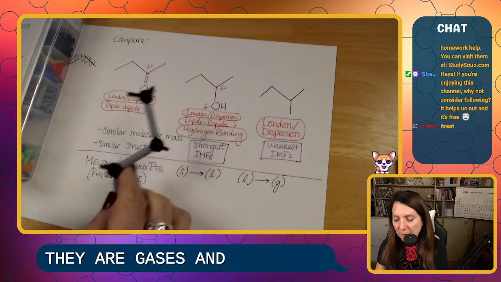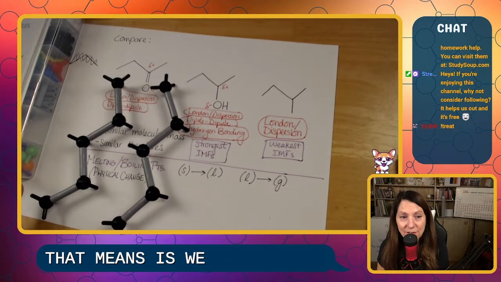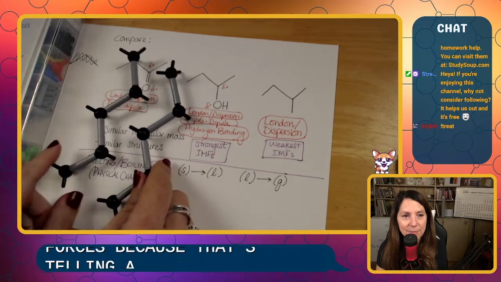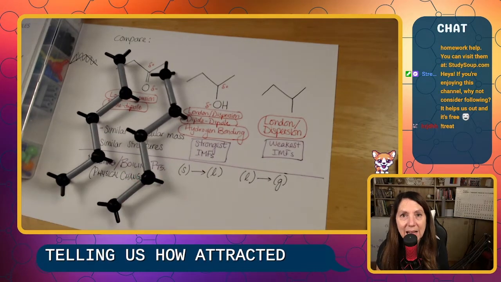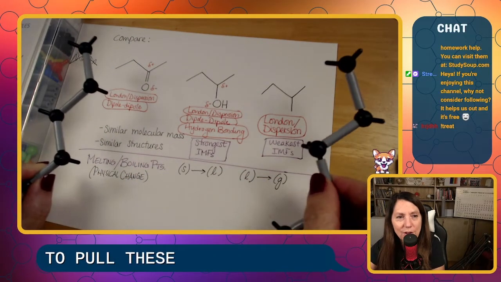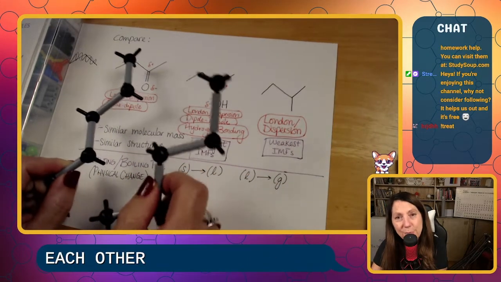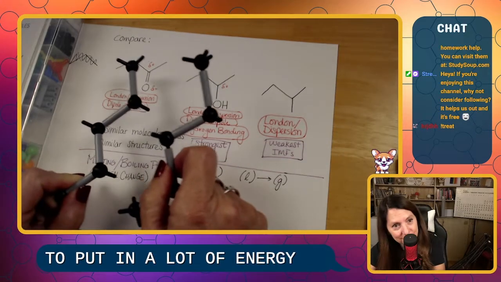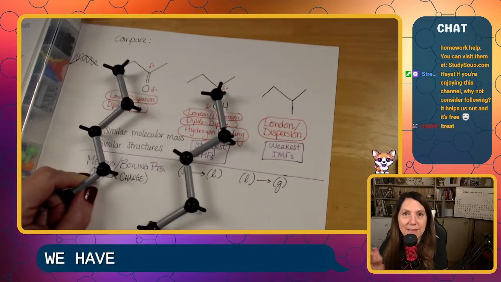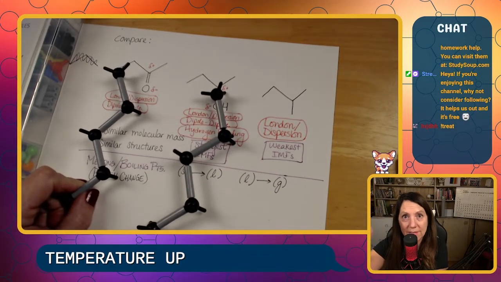And so what that means is we need to look at intermolecular forces, because that tells us how attracted these molecules are and how much energy we have to put in to pull them apart from each other. And if we have to put in a lot of energy to pull them apart, that means we have to bring the temperature up a lot.